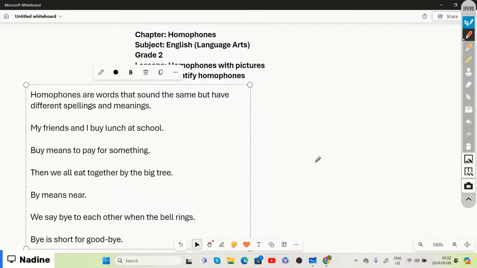All right. So we said homophones are words that sound the same, but they have different spellings and meanings. And we made an example of buy and bye.